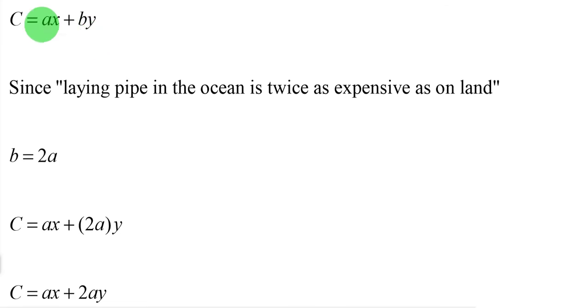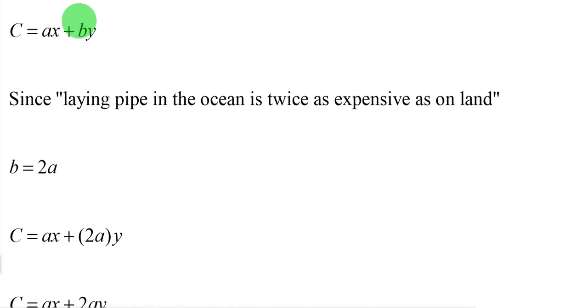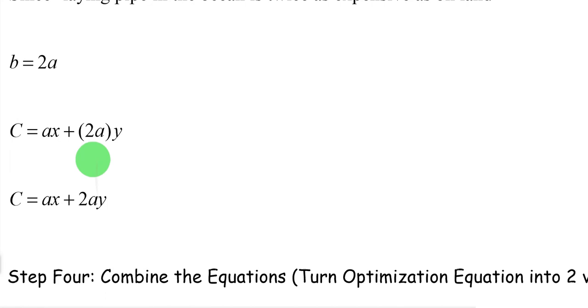Now A and B are not variables, they're constants. Whenever you go to purchase this pipe, it's not like it's going to change. Whatever you pay is what you pay. So we're going to replace B with 2A since it costs twice as much to lay pipe in the ocean as it does on land, and then just simplify that. So it's going to be C equals AX plus 2AY.